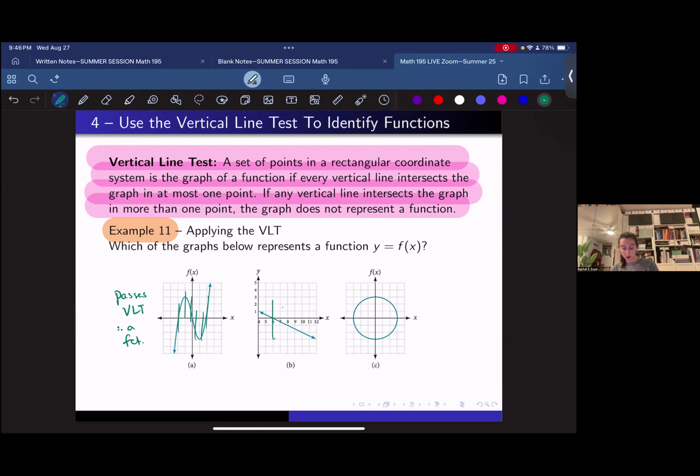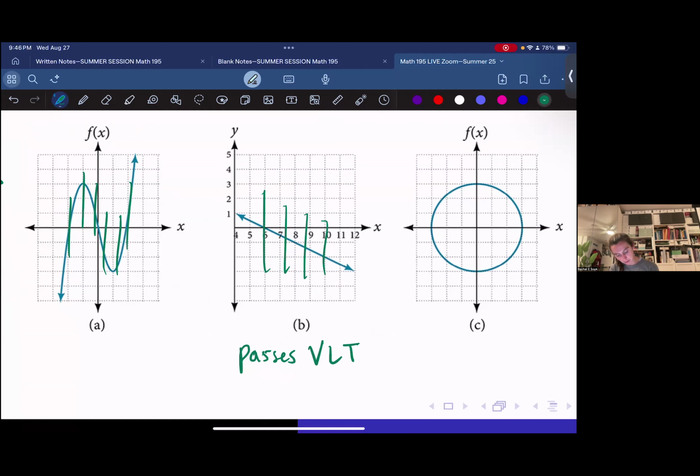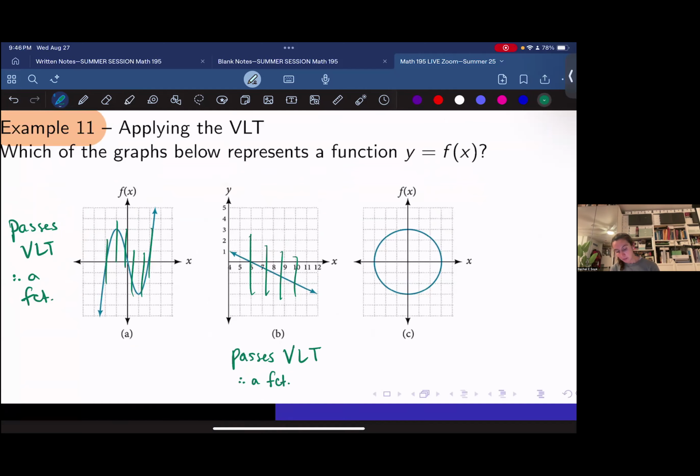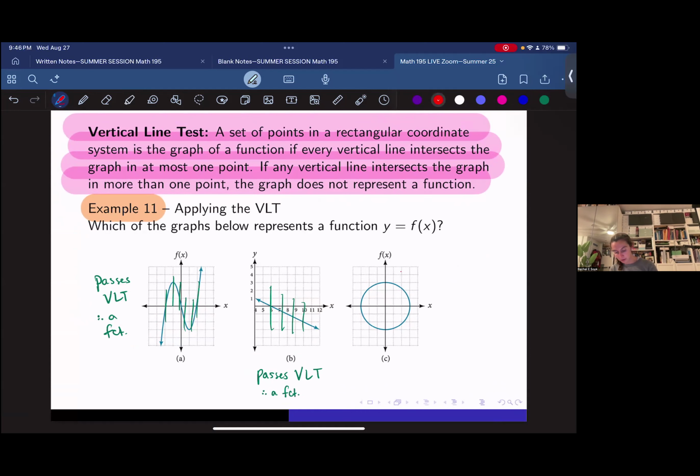Second example also passes. Therefore, a function. But in that third example, straight off the bat, it fails. Hits in two different spots. Therefore, circles are not functions.